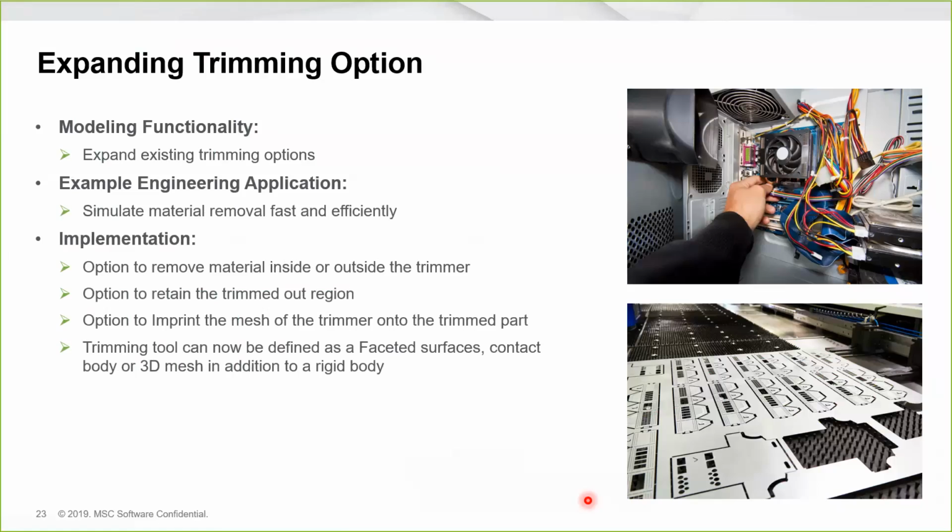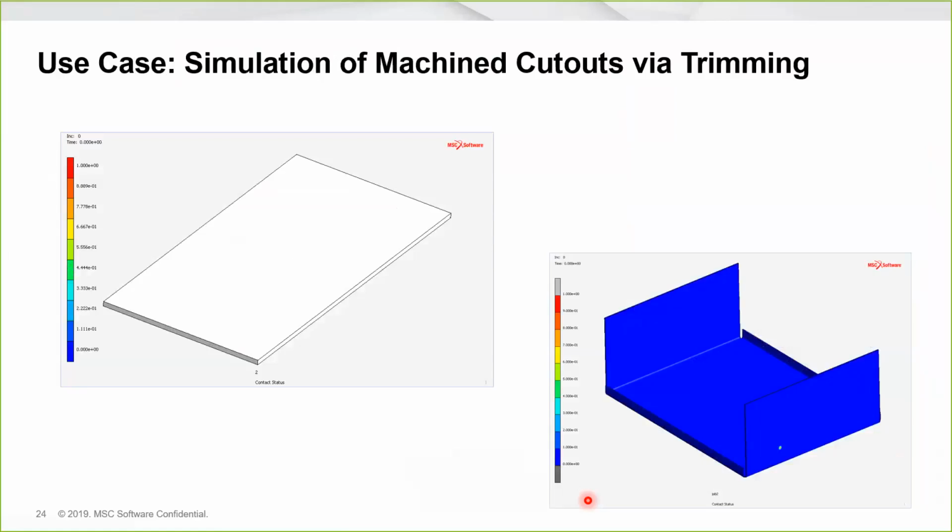And now we've extended our trimming tool to have the trimming defined as a faceted surface, a contact body, or the 3D mesh, in addition to a rigid body. You can see this adds a lot of flexibility in any situation where you want to break apart a region or a mesh under more specific user control, versus having it happen due to some criteria.